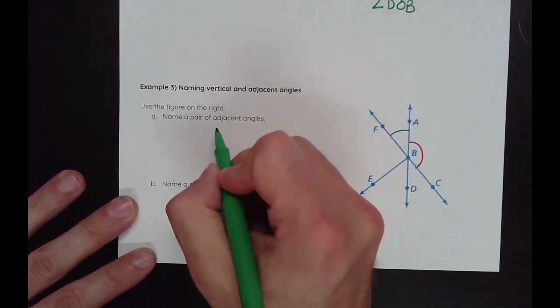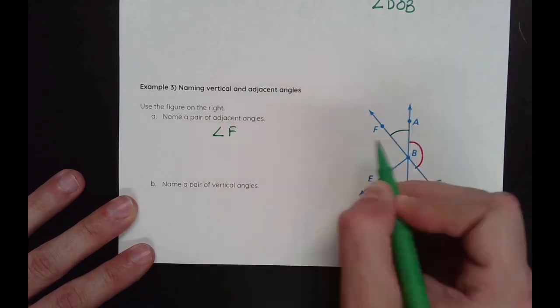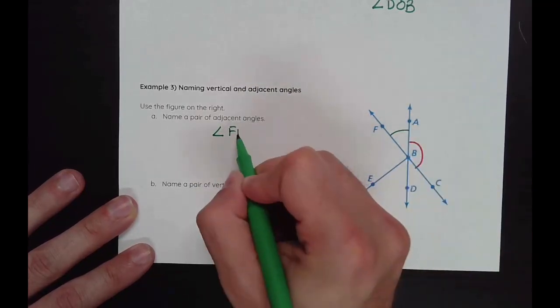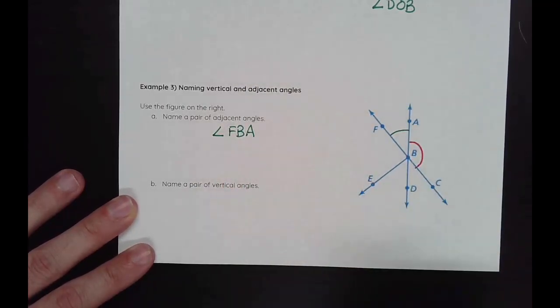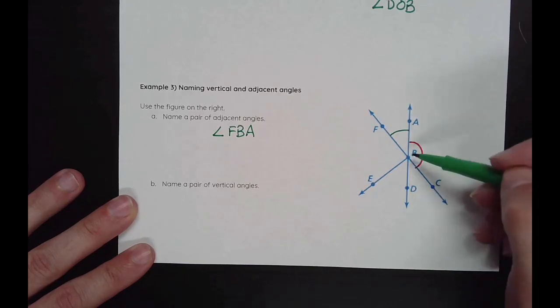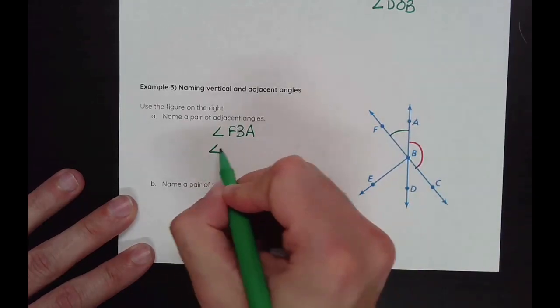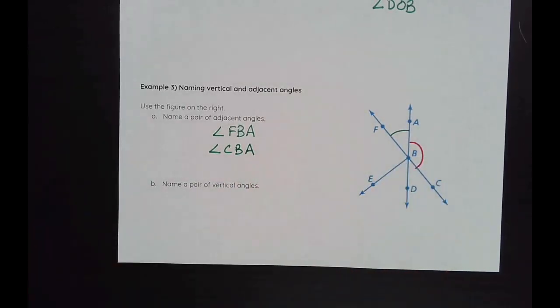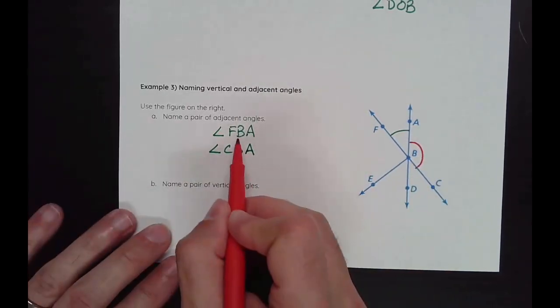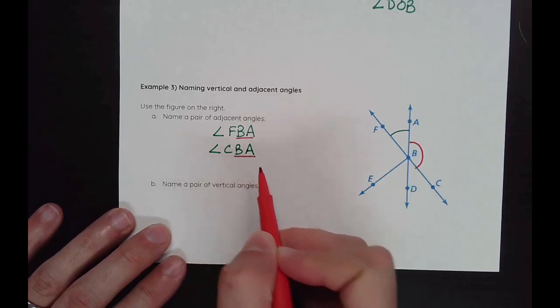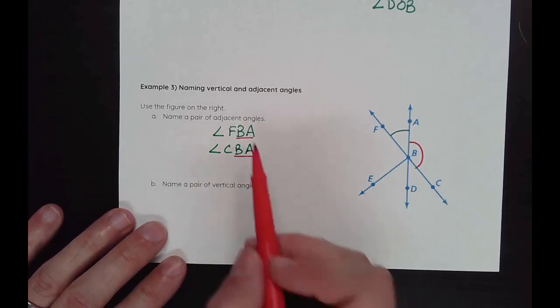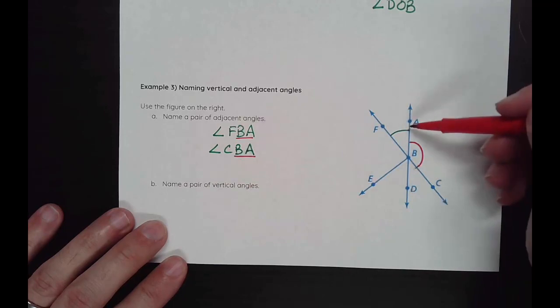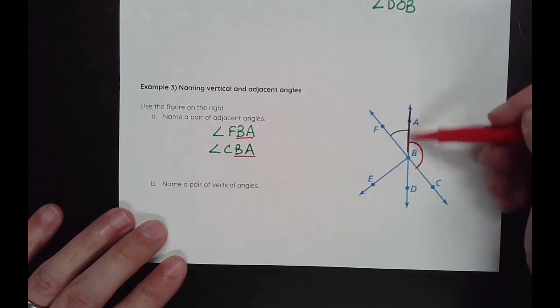So I'm going to say angle FBA, and then angle CBA. Because they share a common side, we will see a matching of variables in the label. BA, BA. That's the side here that those 2 angles are sharing.